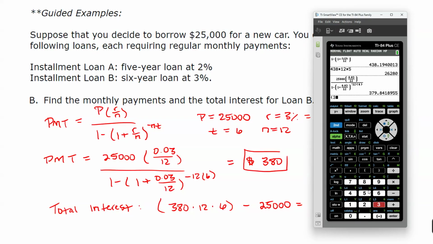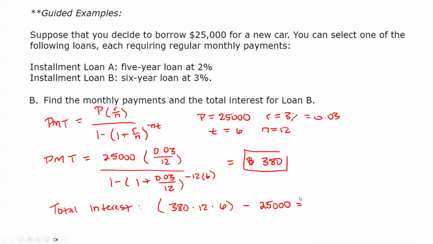So 380 times 12 times 6 minus 25,000. So that's 2,360. Okay. So that's the total interest that we paid on the loans.